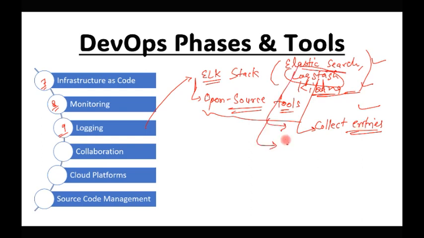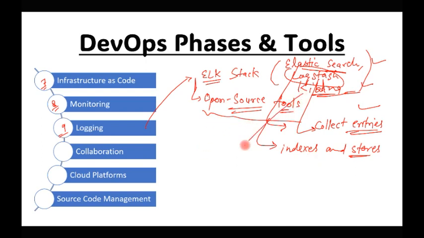Next component, Elasticsearch. What exactly does it do? Whatever information is collected by Logstash, it indexes and stores the processed data, which allows for efficient searching and analysis.